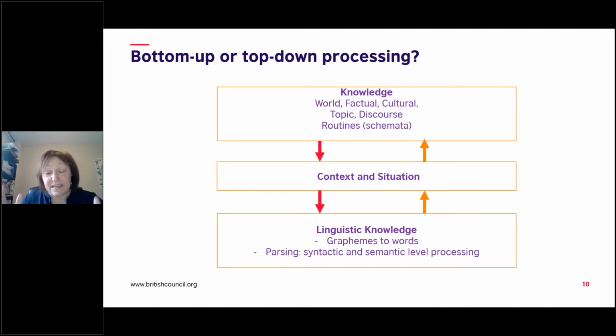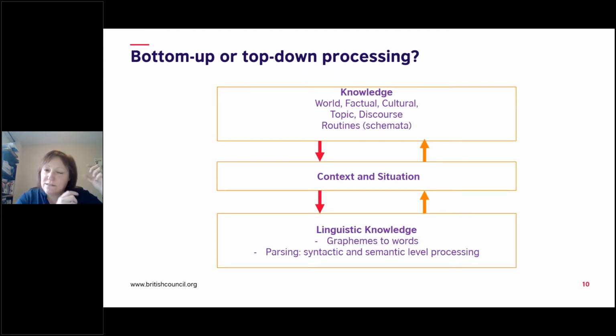And then, again, in this bottom-up approach, we add the background knowledge. So what we know about the world, what we've learned at school, what we know about the topic, what we know about our cultures, the society. Discourse knowledge is what we know about how a text is structured. And here's a really important concept: schemata. Schemata is basically how we learn and how we read effectively.